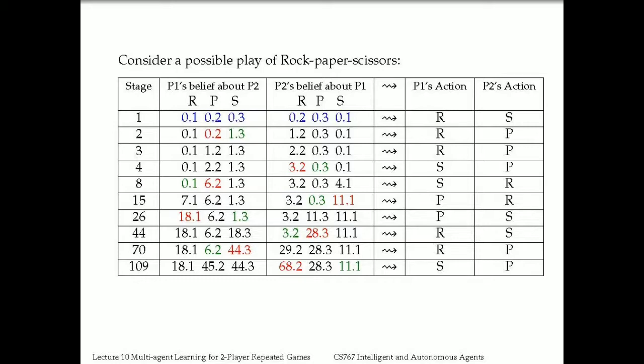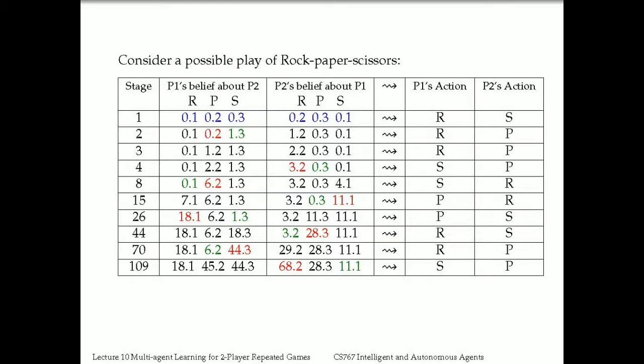Right, and then very easily we will be able to allow the agents to make decisions, because, for example, player 1, after making this observation, thinks that player 2 is more likely to play scissors, and therefore in the first stage he responds with rock.